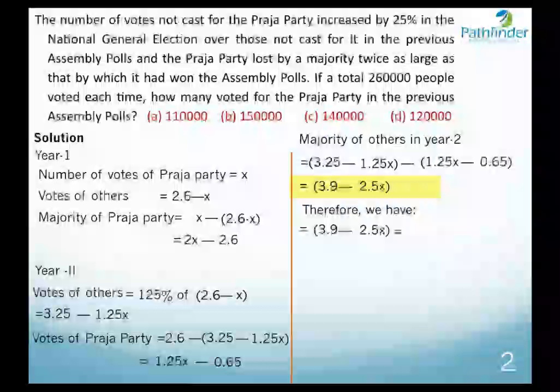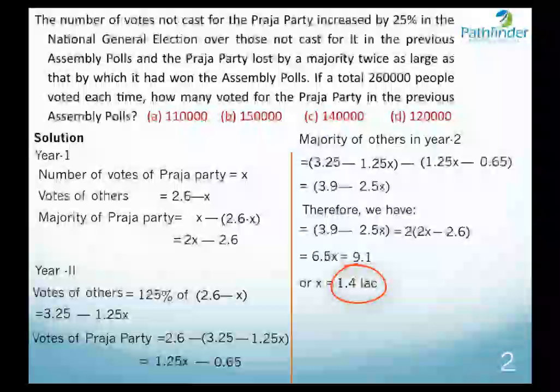This is the majority of the second year, and it must be twice the majority of the first year, that is 2 into (2X minus 2.6). On simplification, we get 6.5X is equal to 9.1, or X is equal to 1.4 lakh.